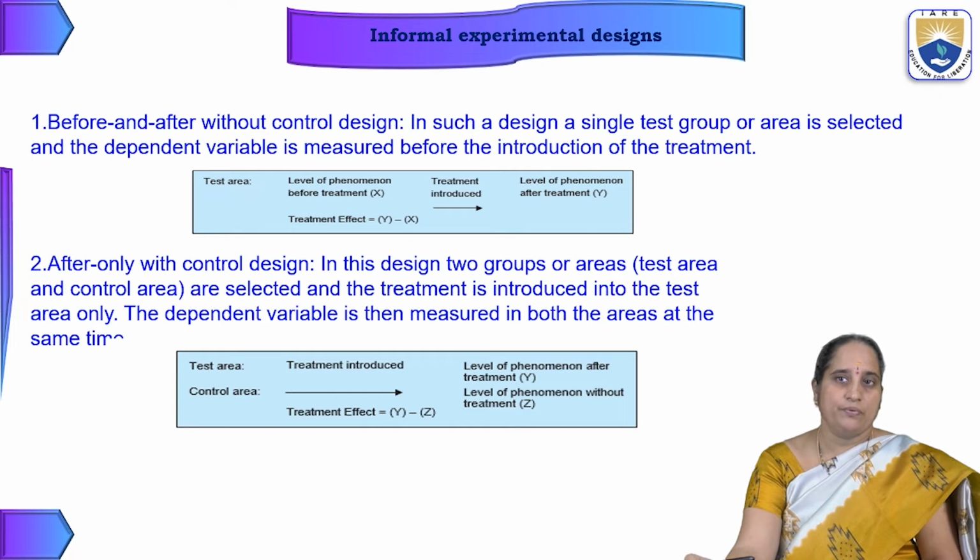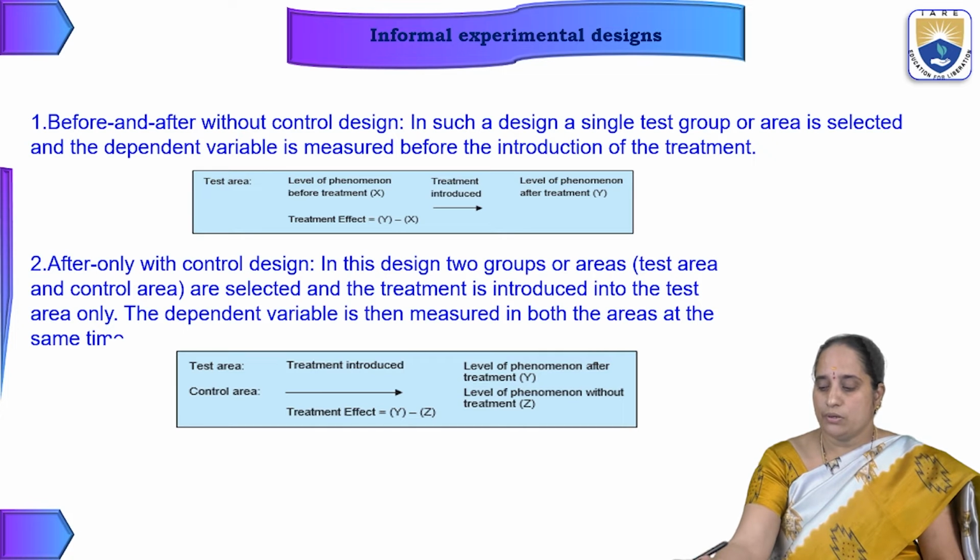In this type of design, a single test group or area is selected. We are not going to select more than one area, right? We consider only one single test group, and there will be one dependent variable, and that should be measured before the introduction of treatment.